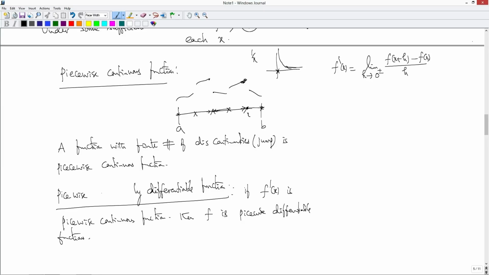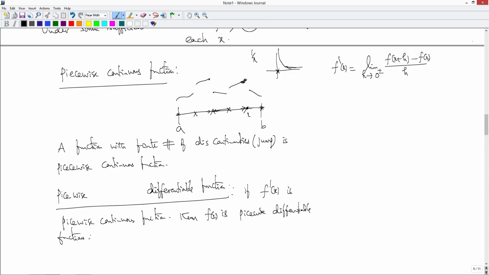Continuously you should not say here: if f dash is a piecewise continuous function, then we say that f of x is a piecewise differentiable function.